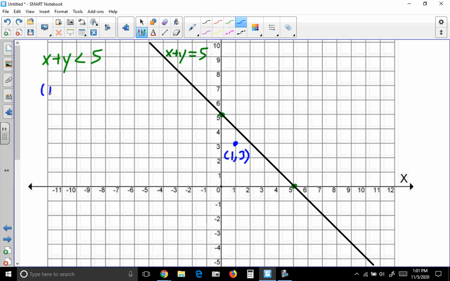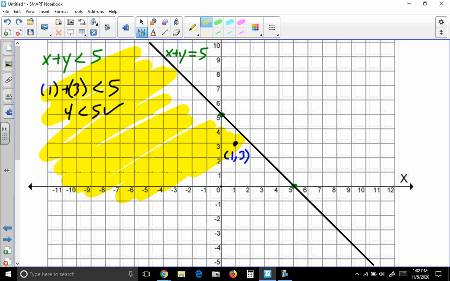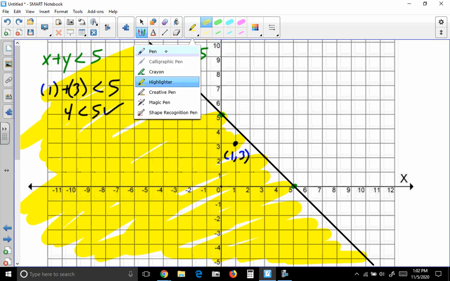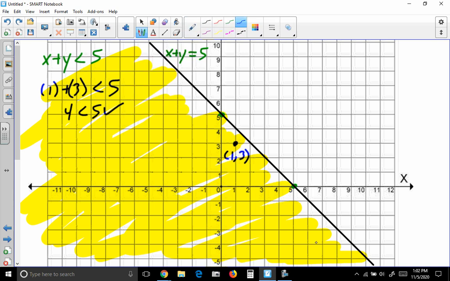If we put a 1 for x, a 3 for y, is that going to be less than 5? And when we simplify, yes, it is. So that means that points on this side of the boundary are indeed solutions to this inequality. That would work no matter which point we picked on this side of the inequality.